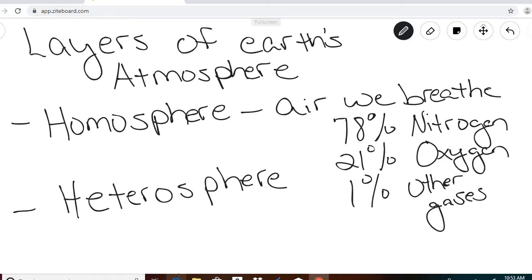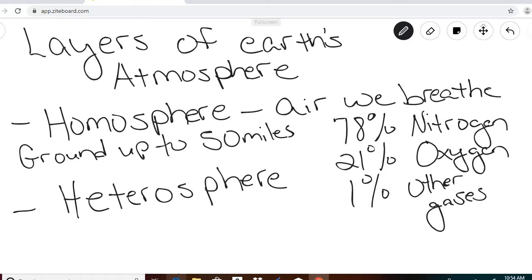So it's called homosphere because even though the amount of air might change the higher you go, the percentages of the gases that make up that air stay the same. So the homosphere exists from the ground up to about 50 miles above the ground.